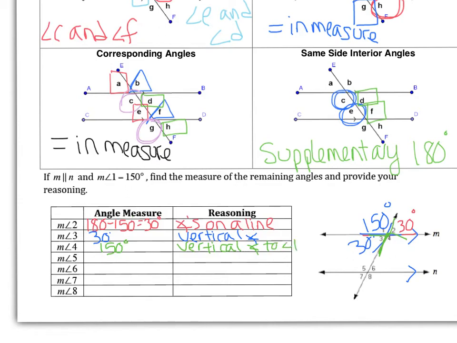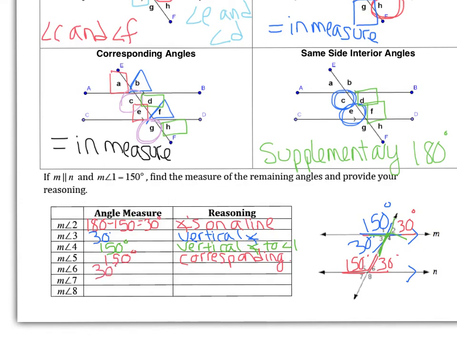All right, to find angle 5 then, I know that we are given angle 1 is 150. So then angle 5 is a corresponding angle to angle 1. So angle 5 is also 150 degrees, and that's because it's a corresponding angle. Angle 6 is corresponding to angle 2, so that has to be 30 degrees, or it could be alternate interior.